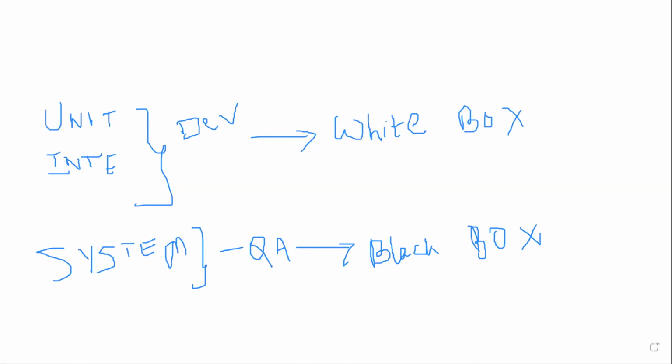So that is called black box testing. Black box means entirely we don't know what is there, completely black, because we don't know what is written inside the code. That's the reason we call it black box testing. But with white box, we can see what is written internally. So white box is done by developers because they know what they have written. All test engineers come under black box testing, and all developers come under white box testing. QA comes under black box and developers under white box testing.